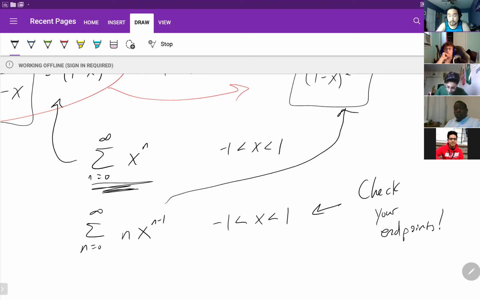So the distance from 0 to 1 stays the same, but it does not tell you what's happening at the endpoints. Do you guys get what I'm trying to say? So definitely you still want to check your endpoints. For time's sake, I'm not going to do that for this example.